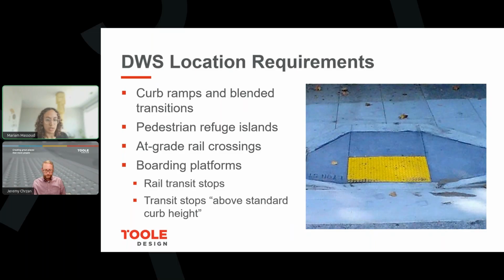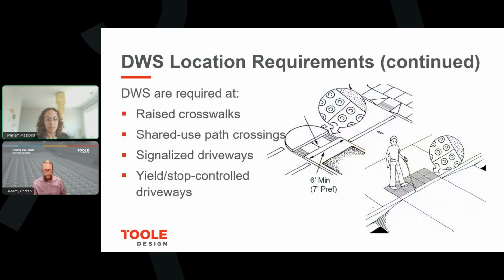So that could be rail transit stops or transit stops that are above standard curb height, so above a 6-inch curb, which is commonly used on like bus rapid transit projects. They are also required at raised crosswalks, which we saw a photo of, shared use path crossings, and then specifically signalized driveways or driveways with yield or stop control.